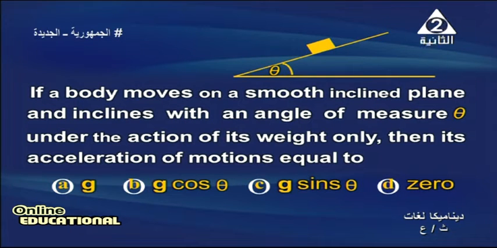Now we have a body moving on a smooth inclined plane, inclined to the horizontal with an angle of measure theta as shown in the figure. The body moves under the action of its weight only. Then what is the value of its acceleration in this case?